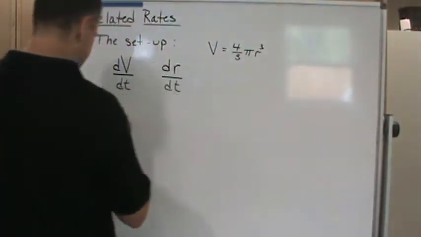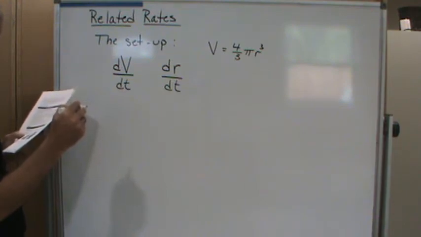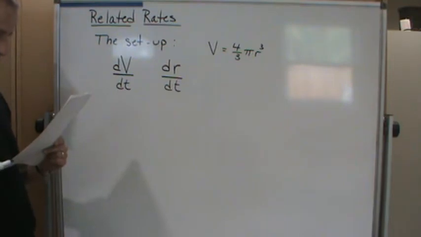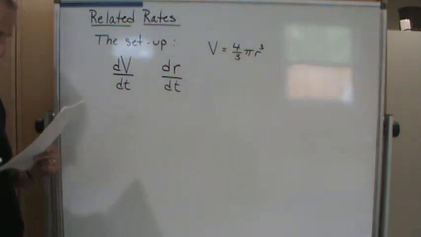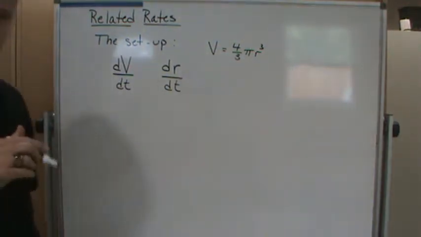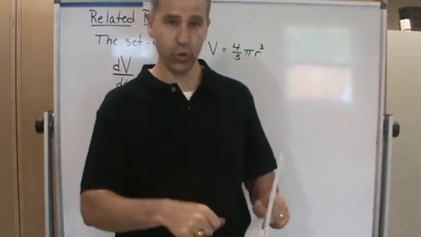Let's say we have this example: a spherical balloon is being filled with air at a constant rate of 2 cubic centimeters per second. How fast is the radius increasing when the radius is 3 centimeters? So you've got this balloon and you're blowing it up, or using a compressor.